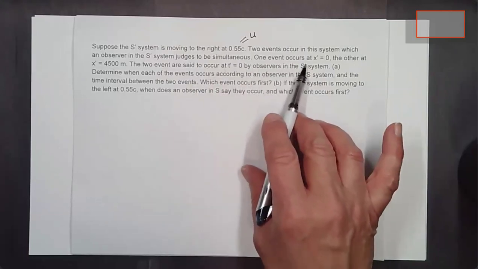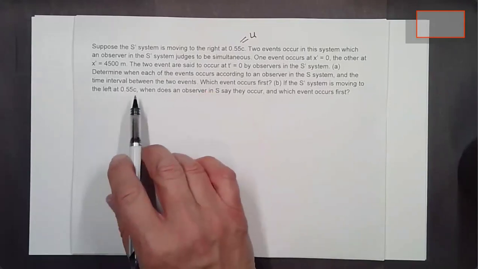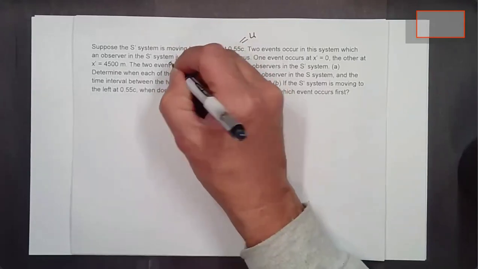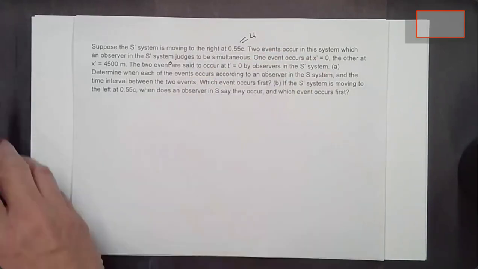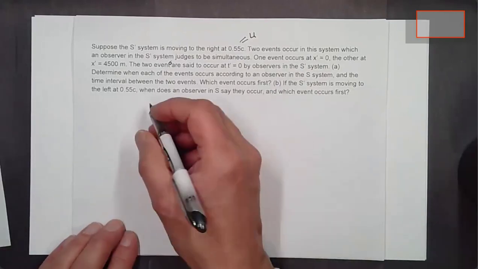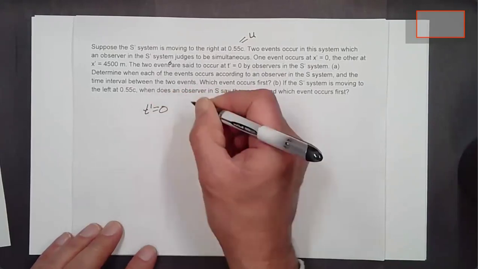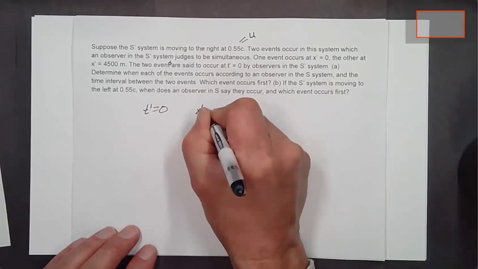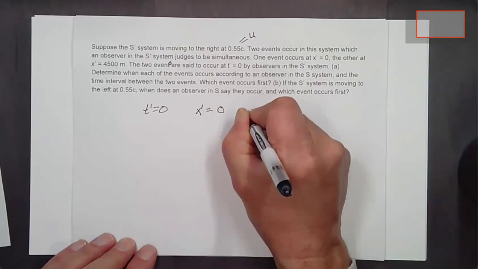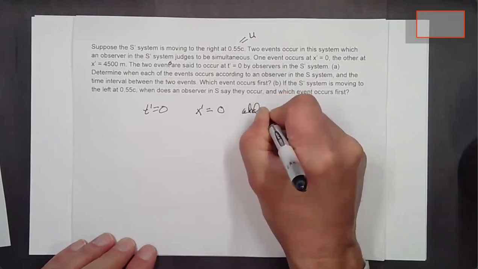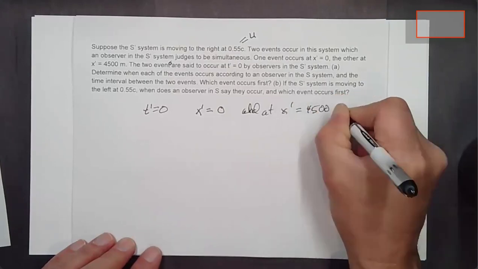One event occurs at x prime equals 0, the other at x prime equals 4,500 meters. The two events are said to occur at t prime equals 0 by observers in the S prime system. So these two events happen at t prime equals 0, and they happen at x prime equals 0 and at x prime equals 4,500 meters.